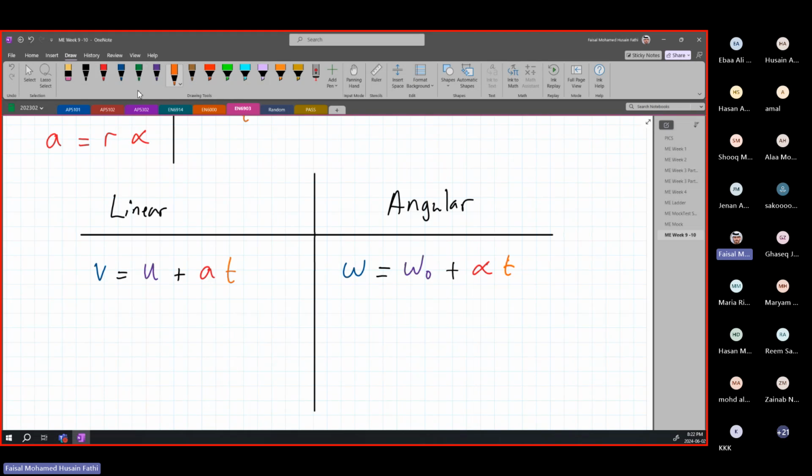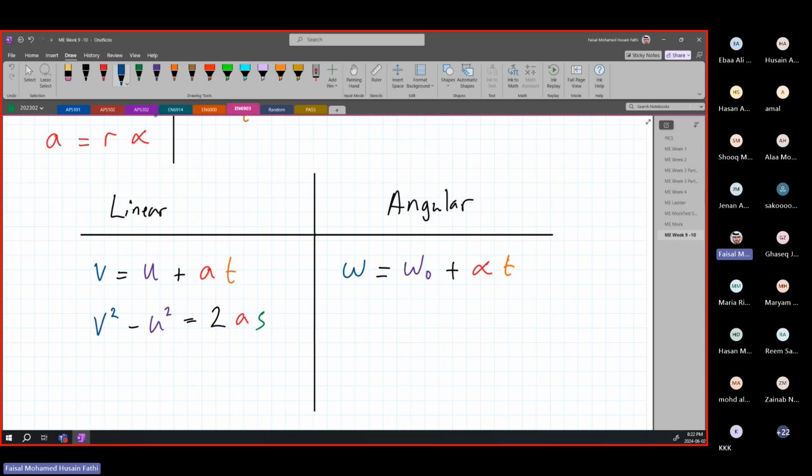Another thing is, what was another equation? v squared minus u squared. These equations have already all been derived previously when we were doing linear, is equal to 2 times acceleration times, sorry, not times time. This was times distance or displacement.